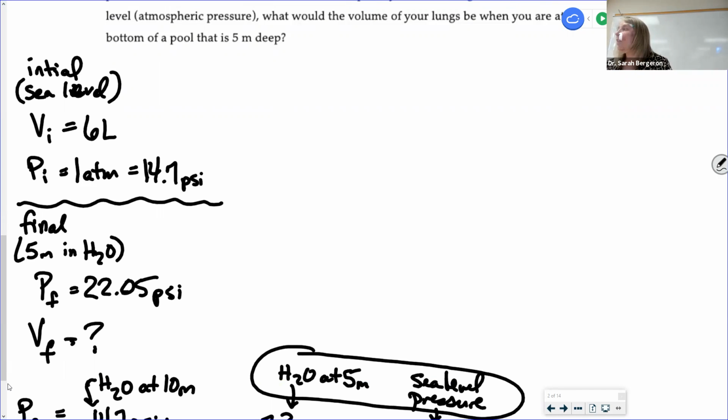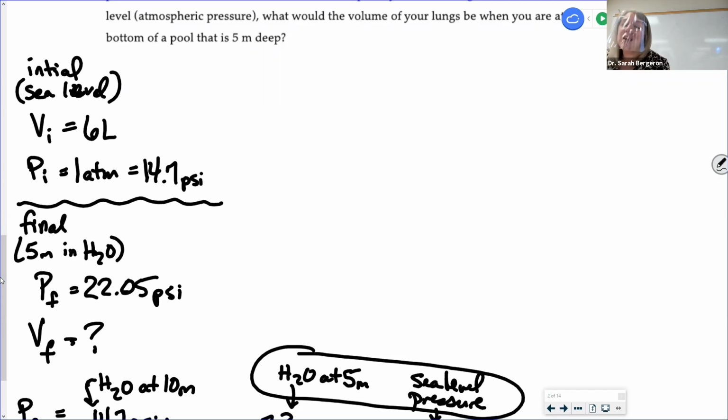So our volume final is what we're trying to solve for. So what am I going to do for my actual work for the problem? Gosh, we've done all that. We haven't even done the problem yet. What do I do? Plug it into what? Which formula? P's and V's on the table or PV = nRT?